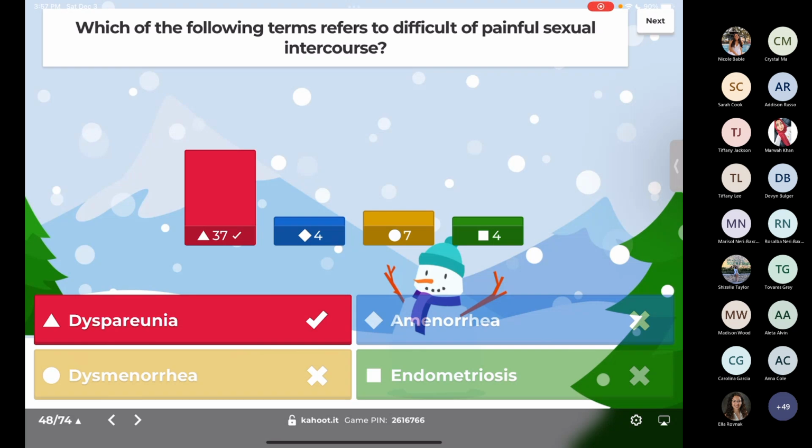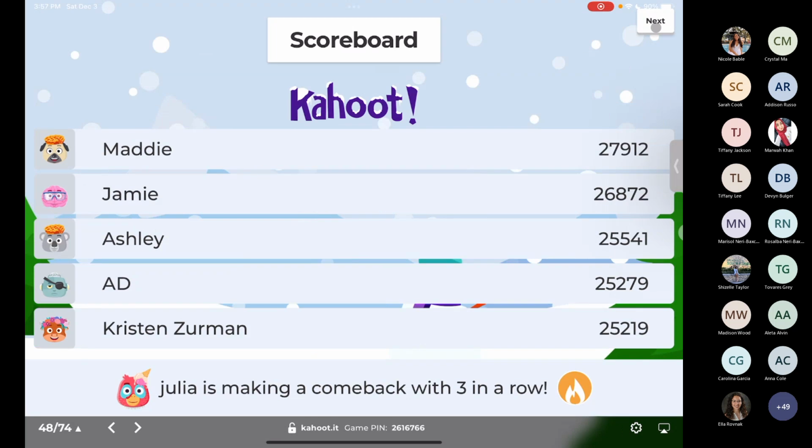Good job, guys. So that's going to be dyspareunia. Amenorrhea is absence of menarche. Dysmenorrhea is painful menarche. And endometriosis is a disease process of the endometrial tissue.